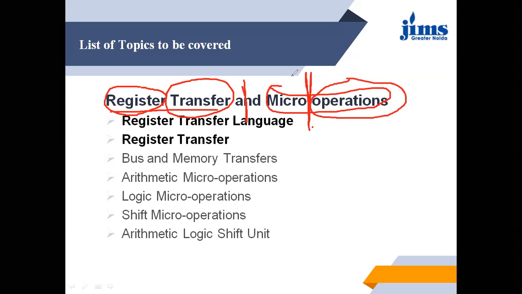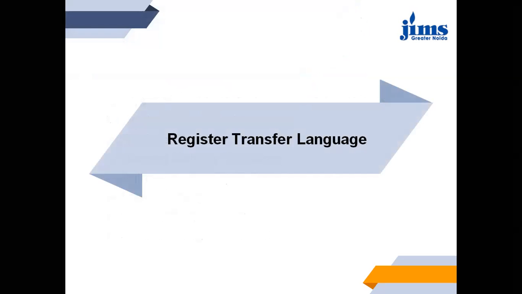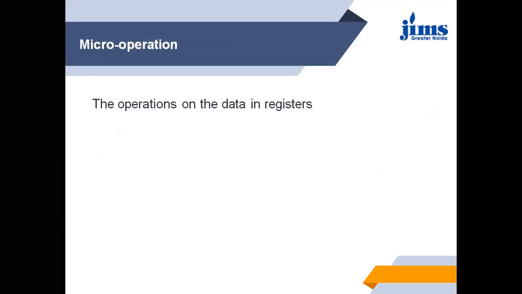Why are we discussing micro? Because the operations that are going to be performed will be inside a digital system or computer. This is the reason we call them micro operations. So for register transfer language, as I told you, first we will see what the micro operations are.